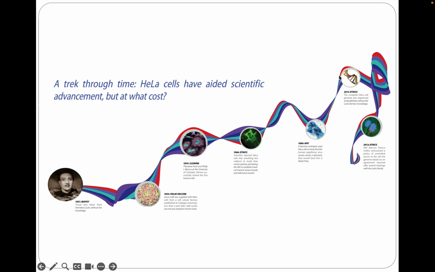How would you feel if your mother or grandmother's genome were published, one of the first human genomes published, without your family's knowledge or consent? How would you feel about your cells being taken from you and used by researchers around the planet without your knowledge or consent? These are not small questions. So take a moment to think about that.